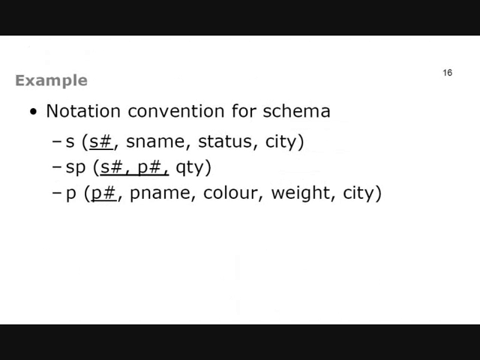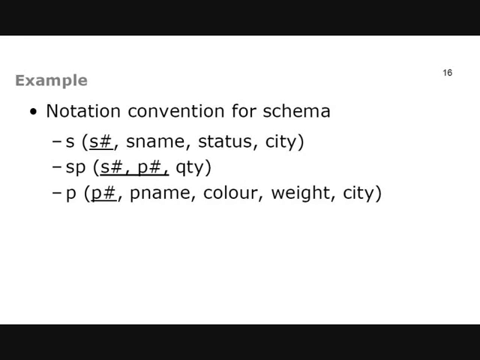The name of the table is before the bracket, S, SP, and P, and inside of the bracket we have all the different attributes or columns that form that particular schema, and then we can see examples of the objects there for that particular schema.